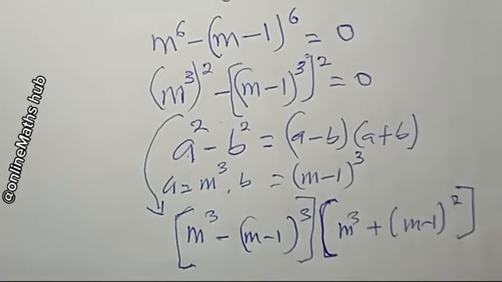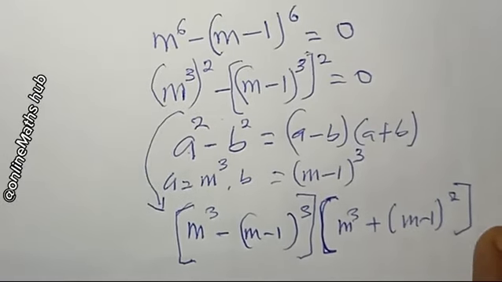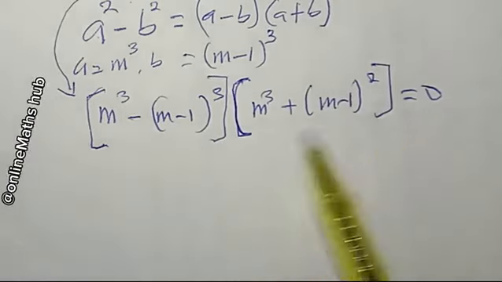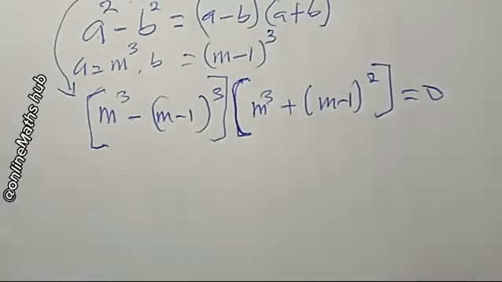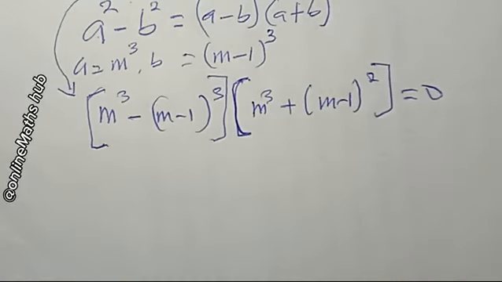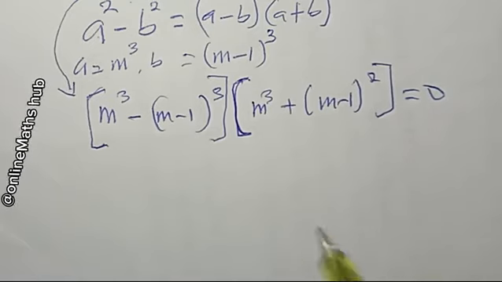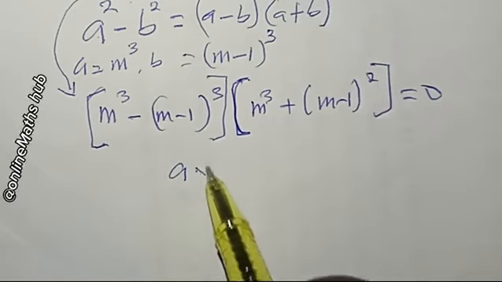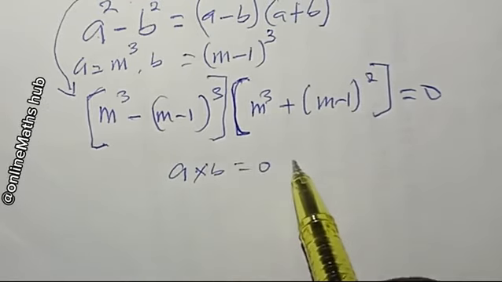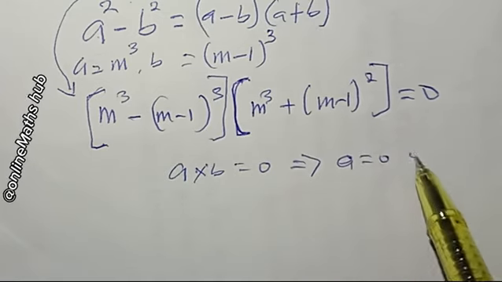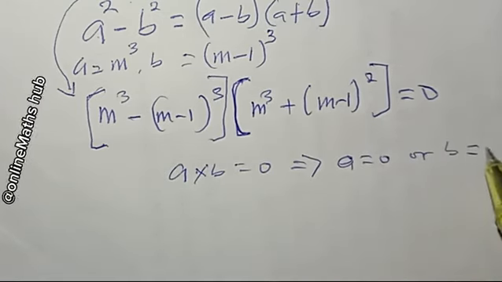Of course it's still equal to 0. You can see that the product of these two terms gives us 0. And so we're going to be using the zero product rule, which basically says that if you have two terms multiplying, that is a multiplied by b equal to 0, this will only happen if either a is equal to 0 or b is equal to 0.